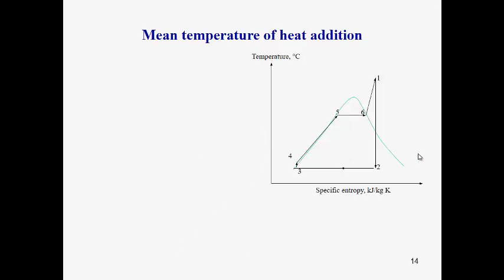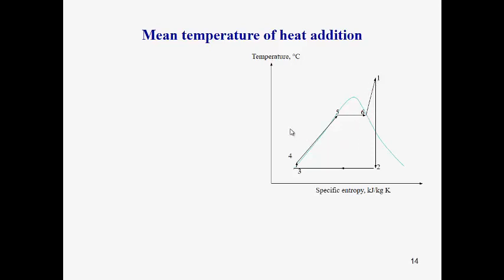The heat supply starts from 4 and ends at 1. In sensible heating of water, the temperature increases from T4 to T5, and during phase change in the evaporator there is no temperature change, that is T5 is equal to T6. Again, during sensible heat transfer in the superheater, the temperature increases from T6 to T1.